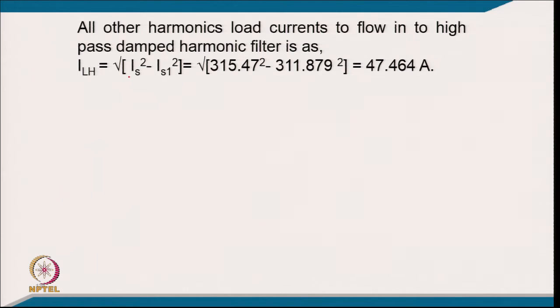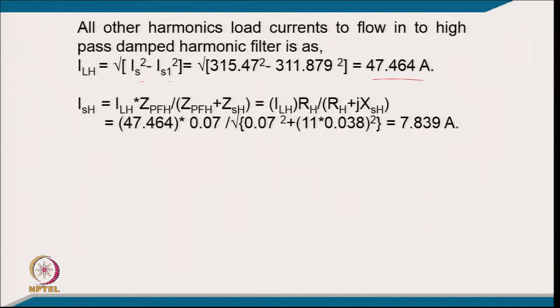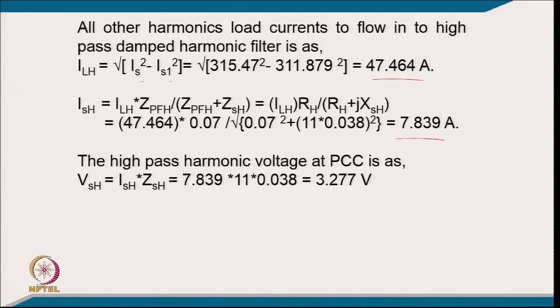So, ILH equals root of IS square minus IS1 square. You look into that, it comes 47.464 ampere, and the harmonic current flowing into the source, from this impedance relation, comes only 7.839 ampere, and the high pass filter voltage will be ISH into ZSH, in value it comes only 3.277 volt.